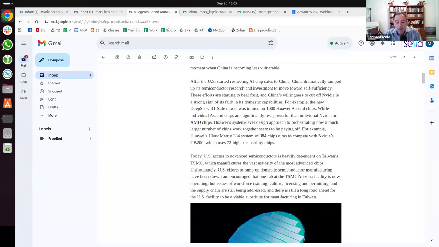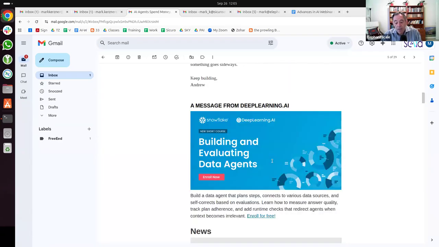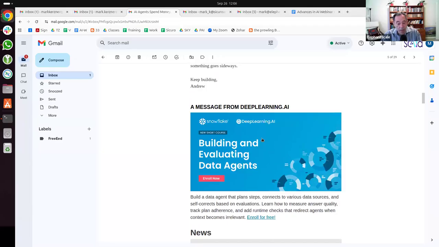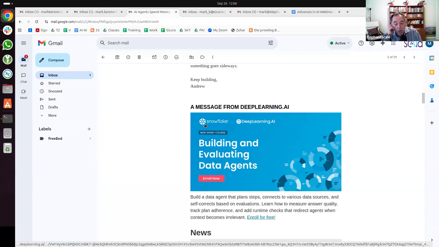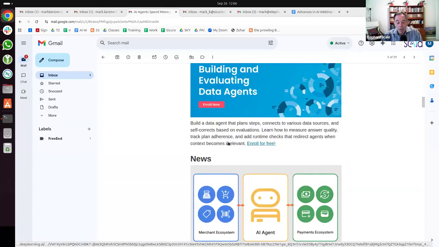That's a big thing, but we are not into the practical application of that. What he then gives us is building and evaluating data agents. Well, that sounds very modern. Also, it's a Snowflake. And what does Snowflake have to do with that? All of that I will tell you. Okay, we will do that.